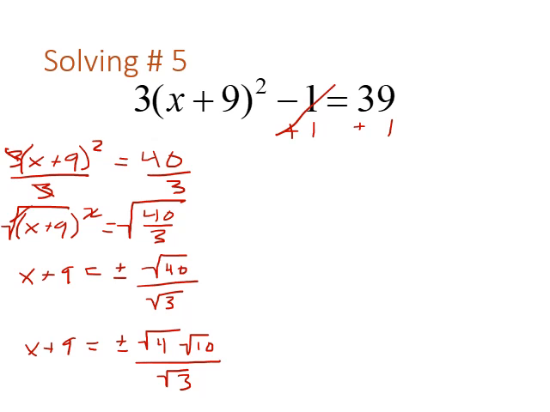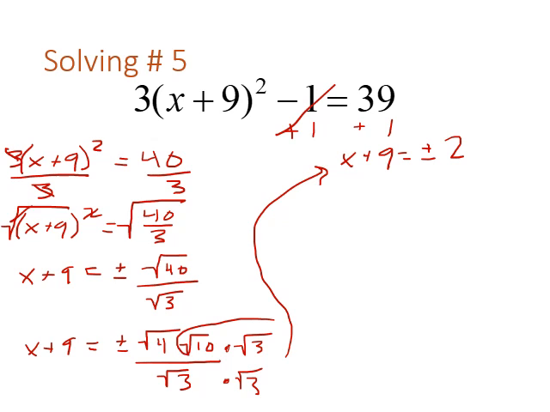Okay, I'm going to do another step all at the same time. I have root 3 in the denominator, so I'm going to rationalize this right away. I'm going to multiply top and bottom by root 3. So I have x plus 9 on the left equals plus or minus. The square root of 4 is 2.